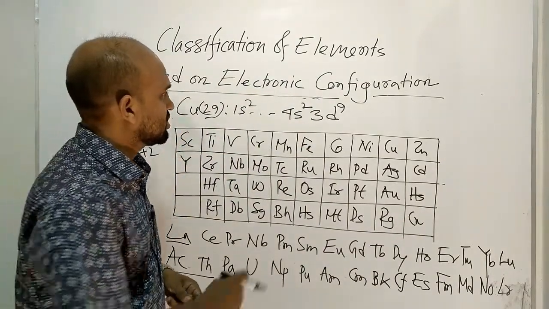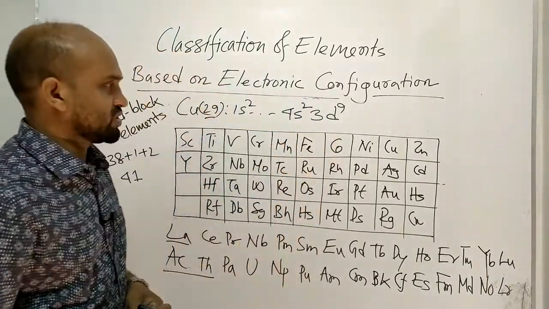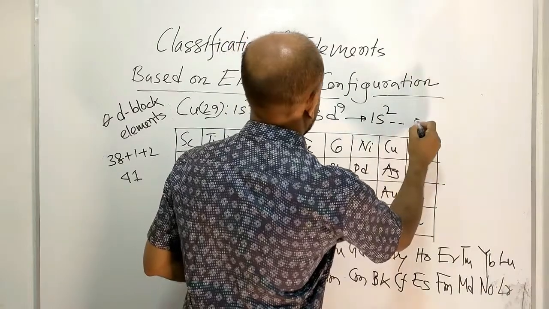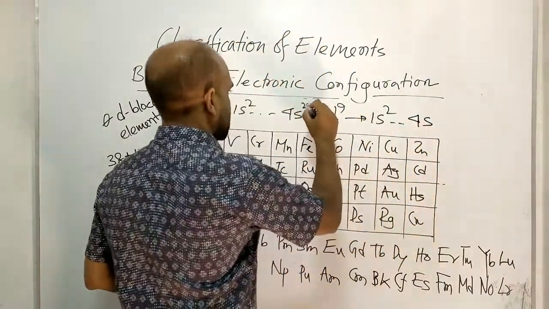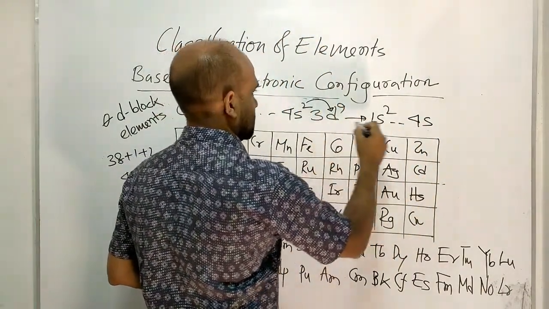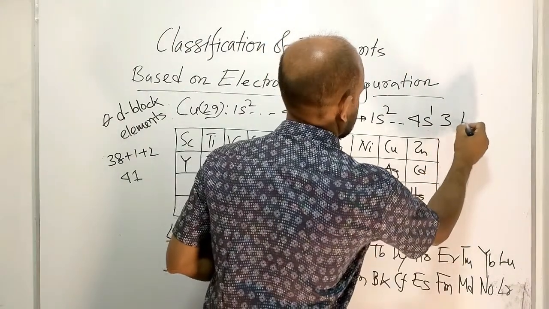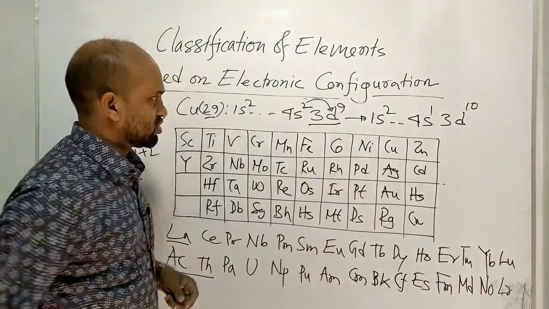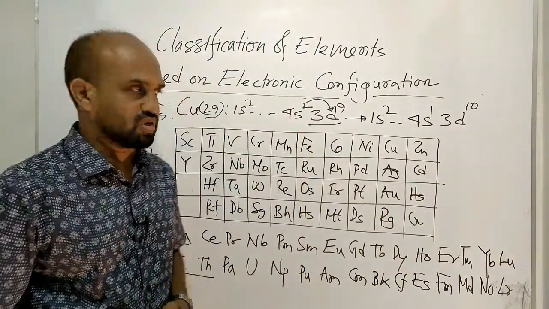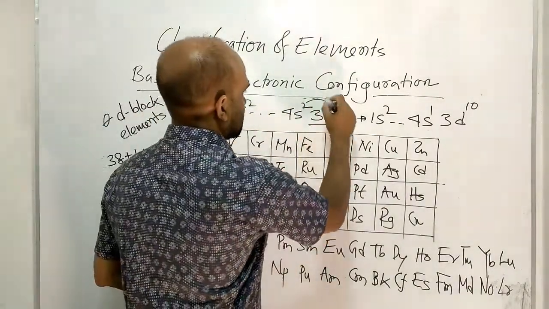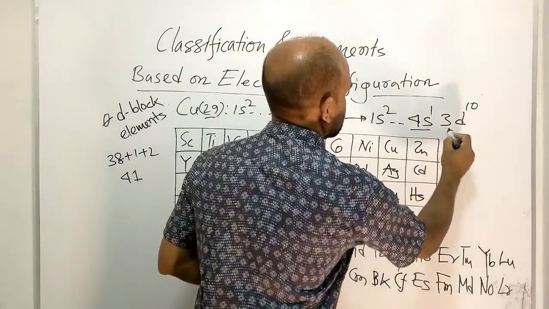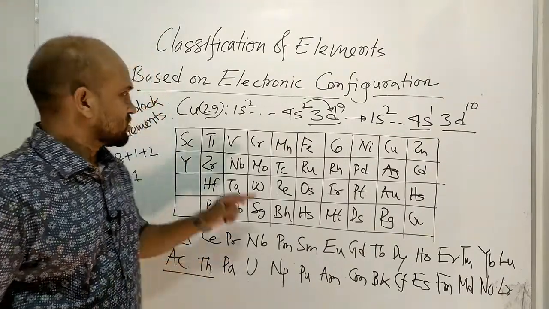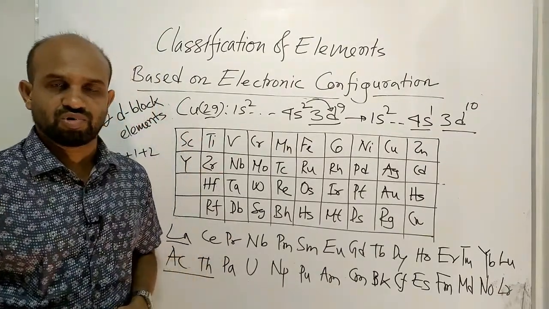But here one thing, rearrangement happens like this. 1s2, 4s, one electron comes here. 4s1, 3d10. This is not full filled, not half filled. But when one electron comes here, then this is half filled, this is full filled, which is a stable configuration. However, copper is a kind of d block element.